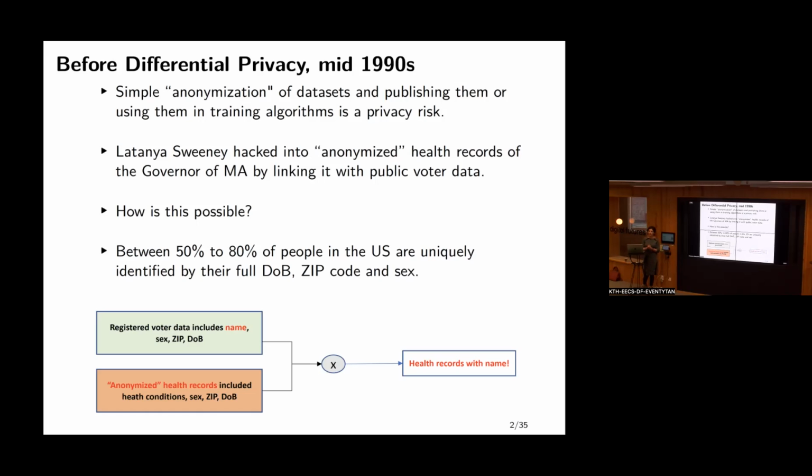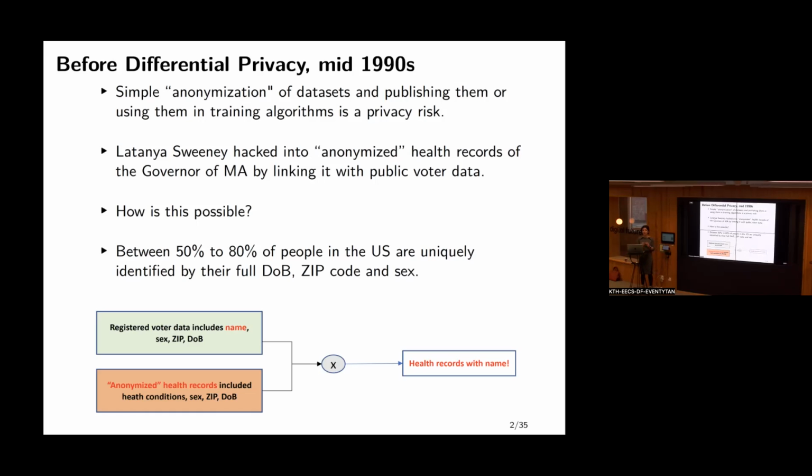The motivation for differential privacy was that existing mechanisms to anonymize data and make data private didn't work. For example, there is a very famous example showing that if you just remove personal identifiers such as name, telephone number, and exact address from a data set and release it, that is definitely not enough, because people can cross-correlate the so-called anonymized data with other publicly available information.